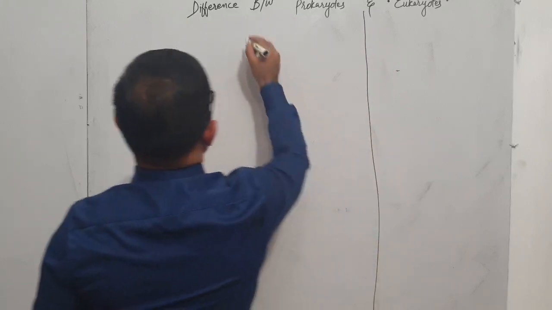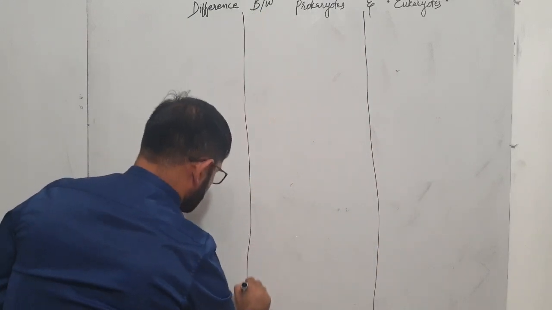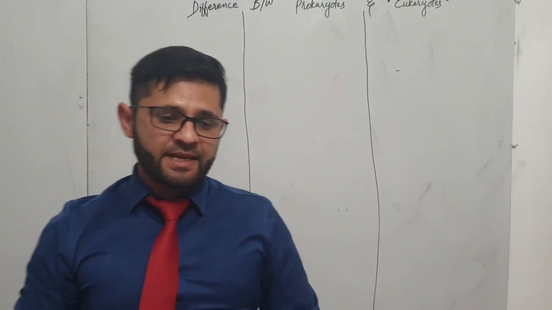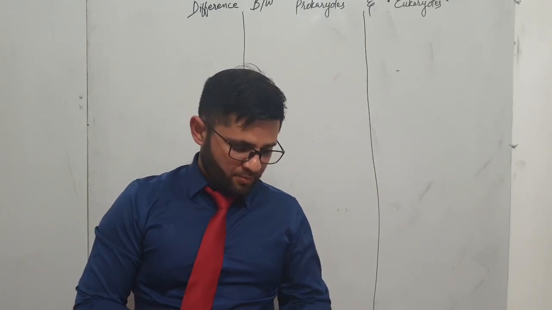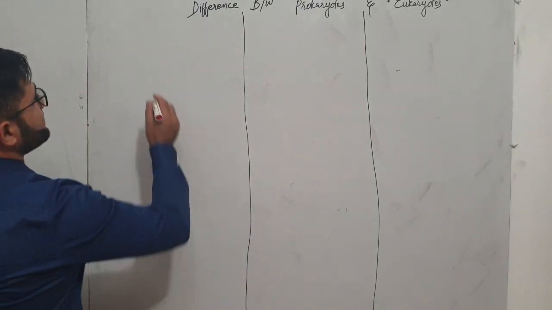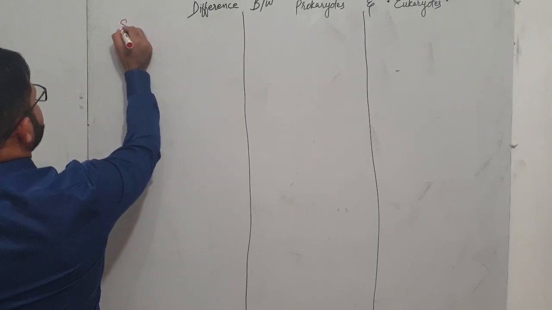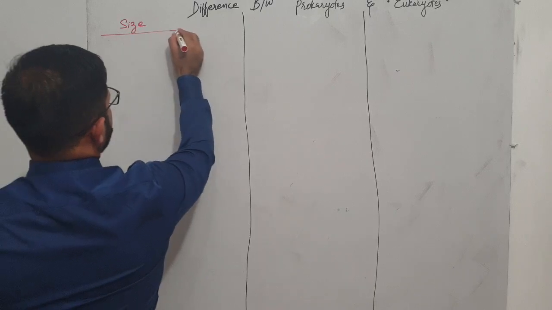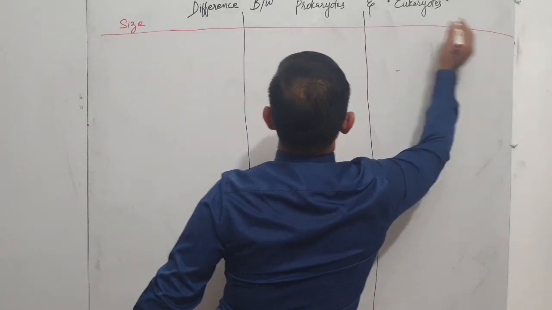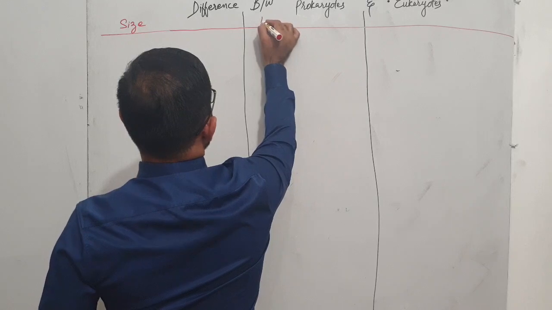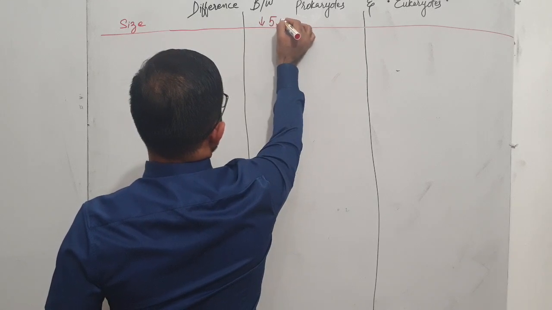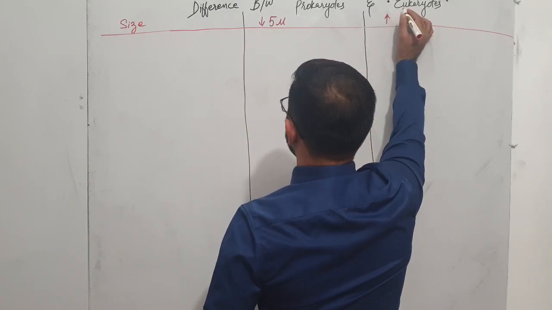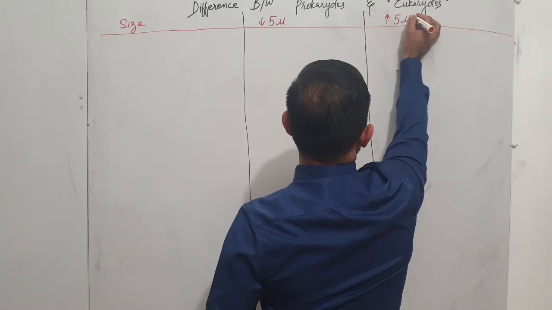Now we will briefly discuss it. We will start from their size: what is the size of prokaryotes and what is the size of eukaryotes. In the prokaryotes, all those organisms were placed whose size is less than 5 micron. And in the eukaryotes, all those organisms are placed whose size is more than 5 micron.